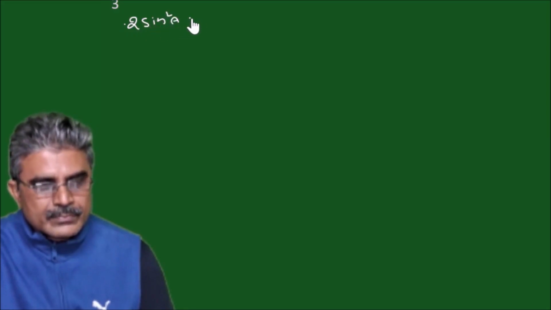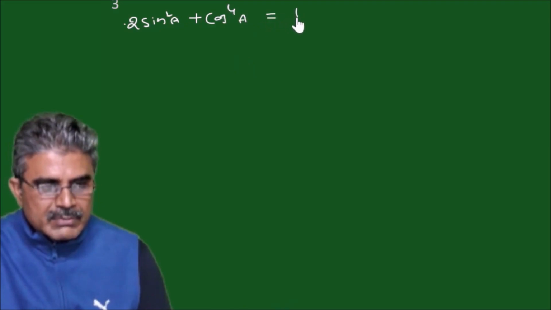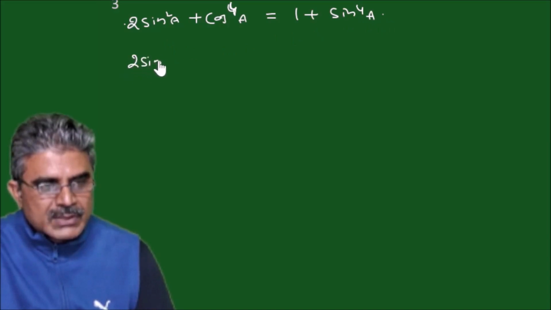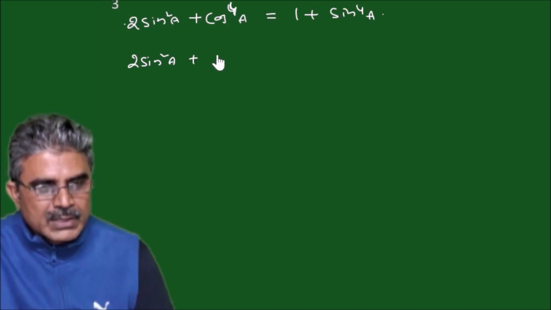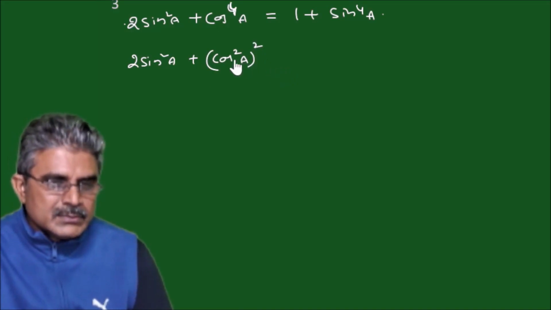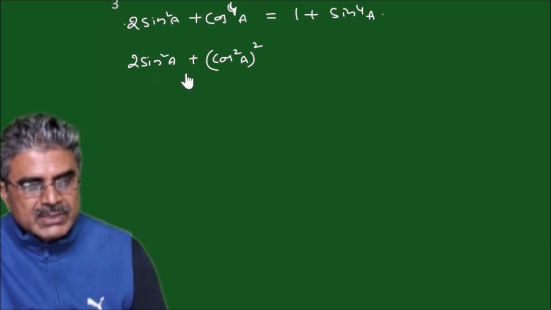Our next question is 2 sin²A + cos⁴A, which should be equated to 1 + sin⁴A. Let 2 sin²A stay as it is, and in cos⁴A I want to make it (cos²A)², because in one term I have sin²A.